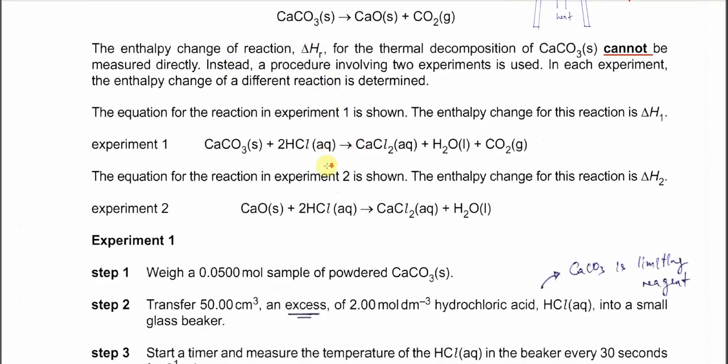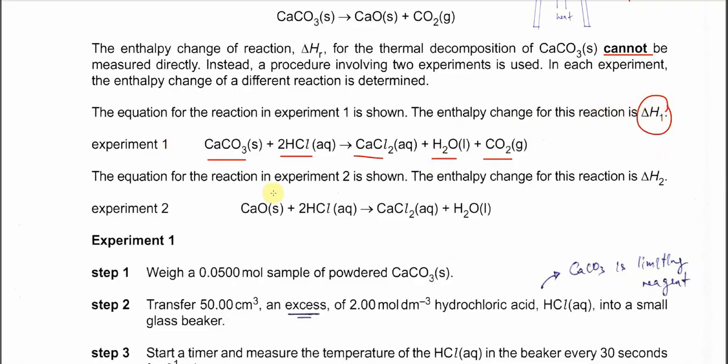The two experiments that we will discuss: first, the reaction of calcium carbonate with hydrochloric acid to form calcium chloride, water and CO2. The enthalpy change of this experiment 1 is delta H1.